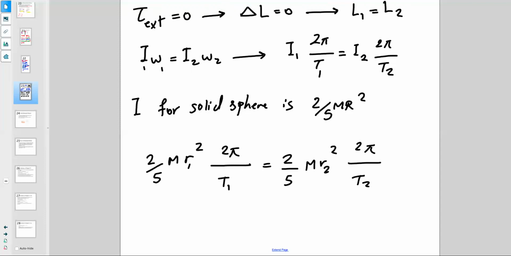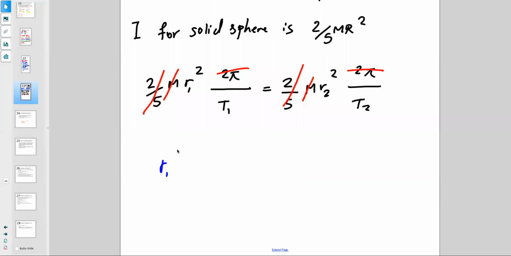So when you're looking at this, this will cancel out with this. So 2 over 5 and 2 over 5 will cancel out. M and M will cancel out. 2 pi and 2 pi will cancel out. You are left with R1 squared over T1 and R2 squared over T2.